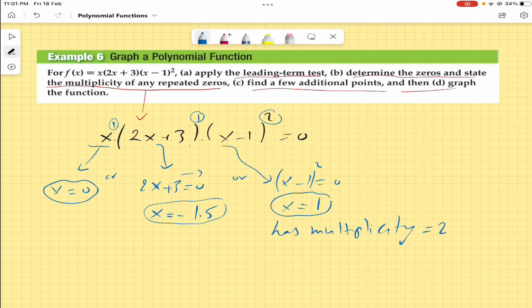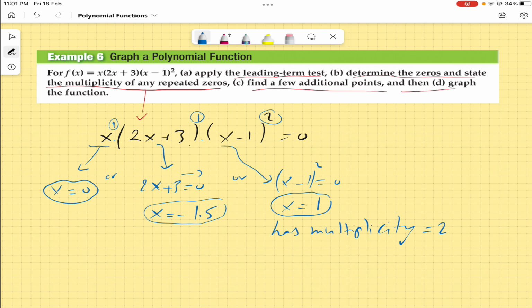The only thing left is we're gonna take some special points to know exactly where the graph or the turning points are. This can be done by doing the number line, negative infinity to positive infinity.